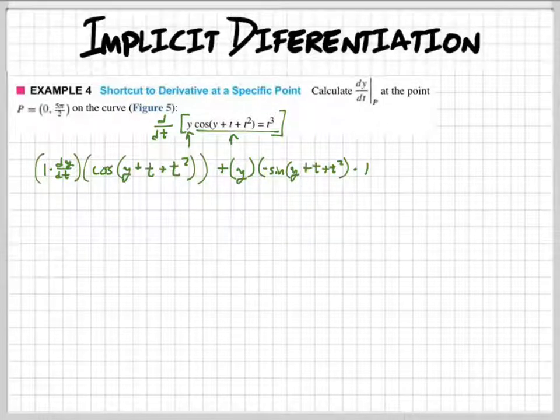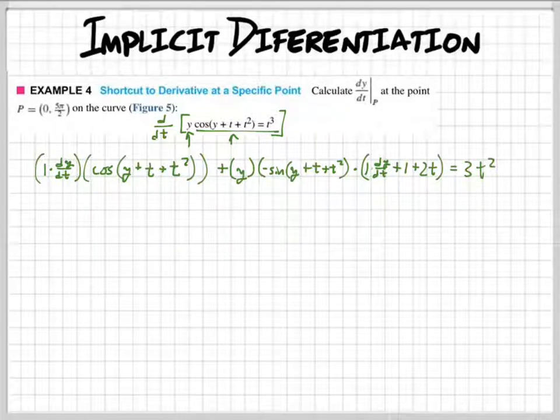It's going to be 1 times dy over dt. Then we have the derivative of t, which is just 1. And then the derivative of this one, which is 2t. Equals, and now we have the derivative of t, which is 3t squared.